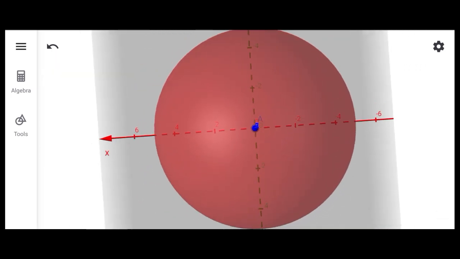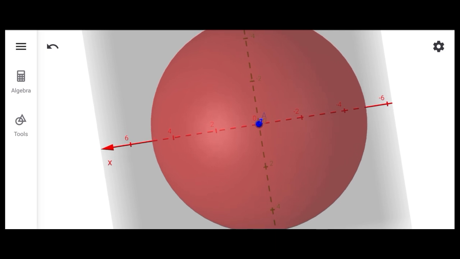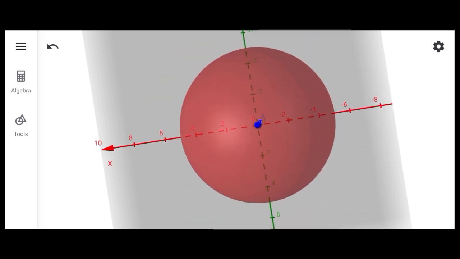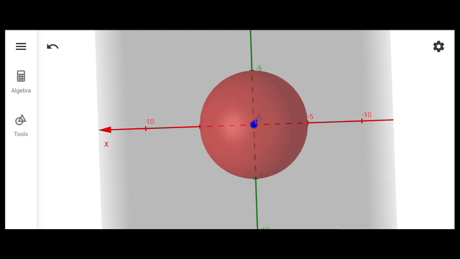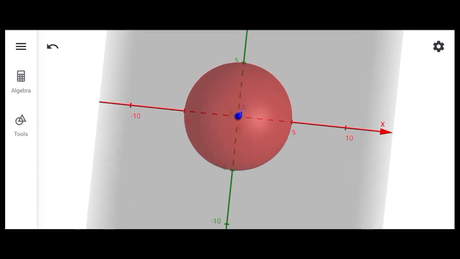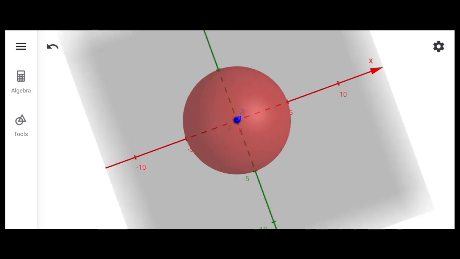As you can see here, the radius points are at (0, 5), (0, negative 5), (5, 0), and (negative 5, 0). This is the circle.